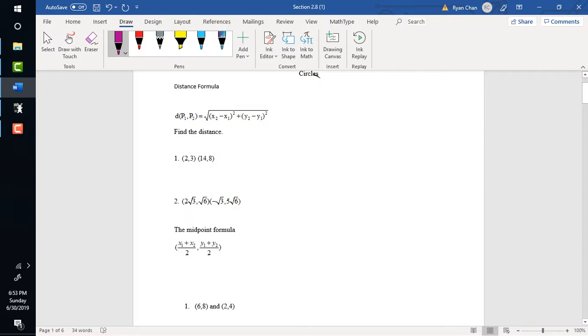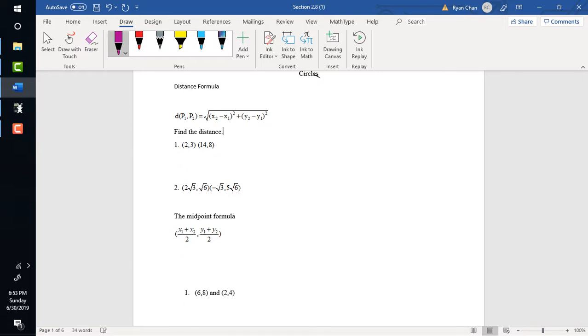Now here's a thing to keep in mind. This distance formula may come off a little complicated, but it's actually pretty easy to remember. Let me just show you right here. So I have (2, 13) and (2, 3) and (14, 8), and I'm being asked to find a distance.